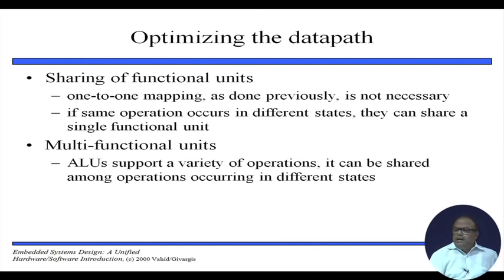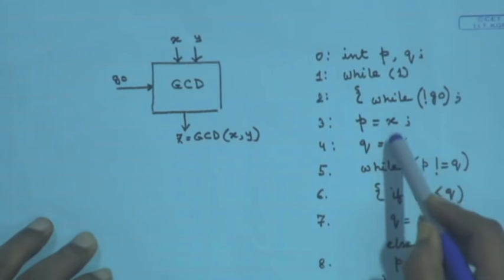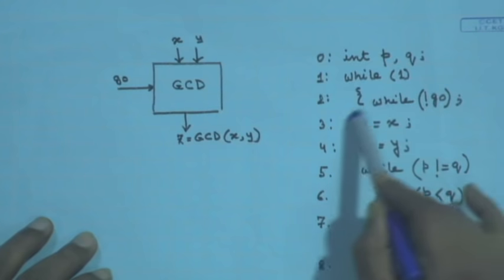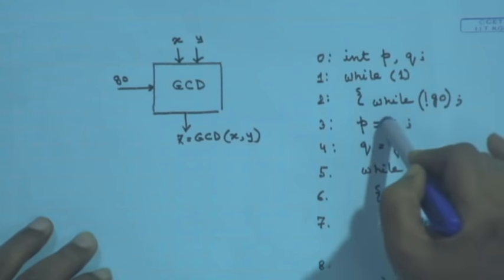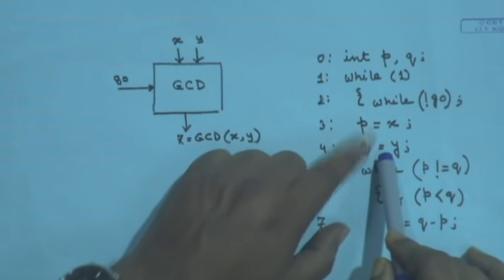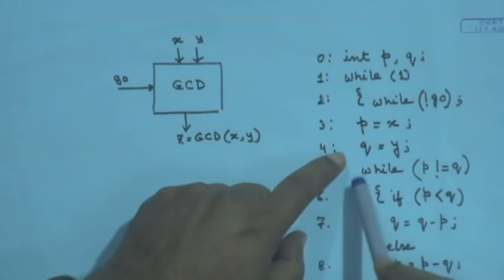But now if I look at this algorithm, except for this, which I can merge in one state, this is purely loading. This is no arithmetic operation. This assignment is purely the task of controlling the multiplexer and loading the registers. So, that is not an issue.